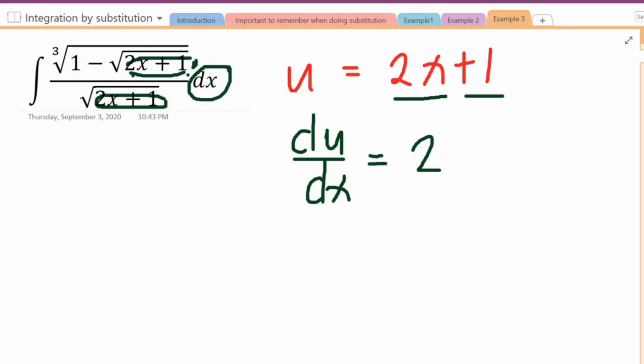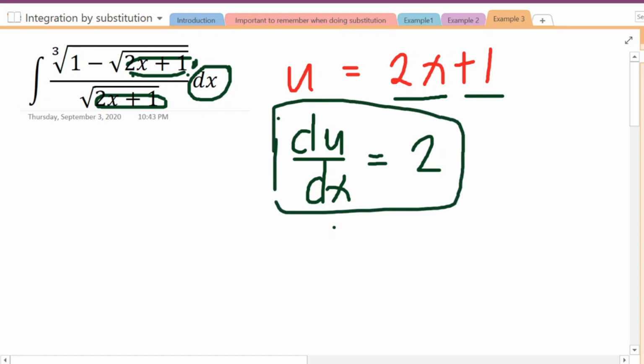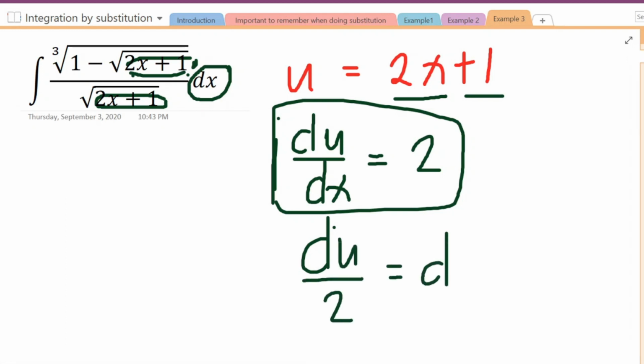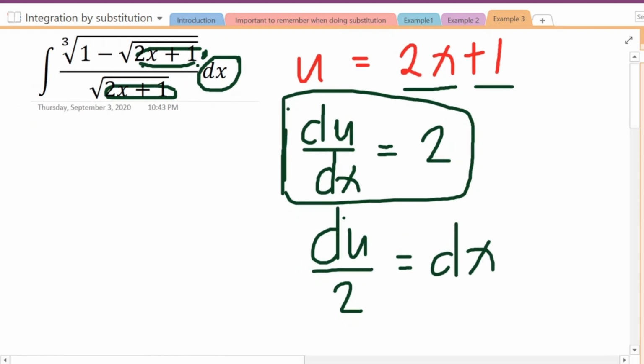This means that we are looking for a substitute for dx. And we can look for a substitute for dx from the derivative of u. Remember, we can write this expression here as du over 2 equal to dx. I'm doing that because I want to isolate dx.